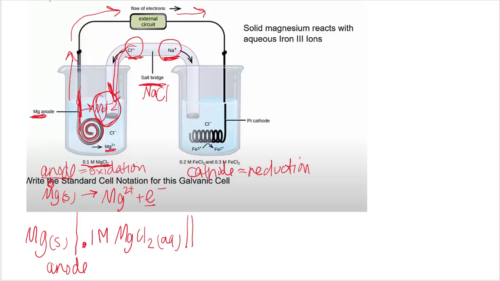Now, something unusual is happening over here from what we saw in the first example. Right here is the reduction half reaction. I'm changing an aqueous iron +3 into an aqueous iron +2.